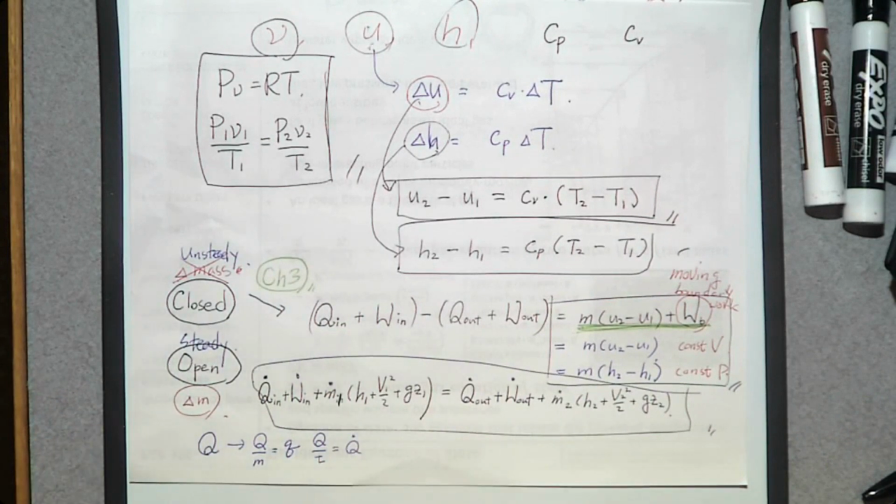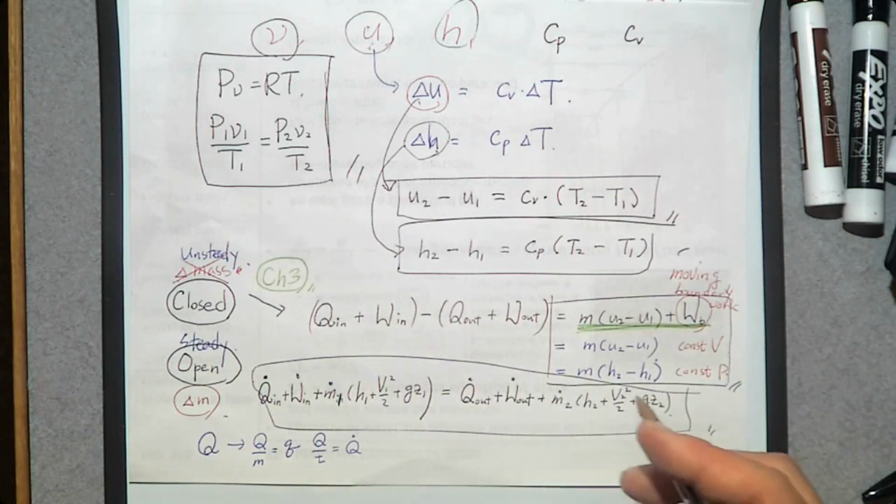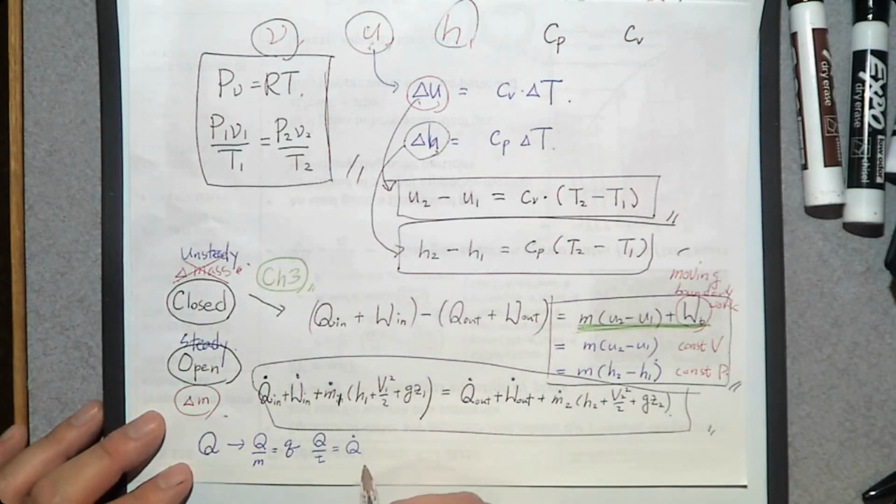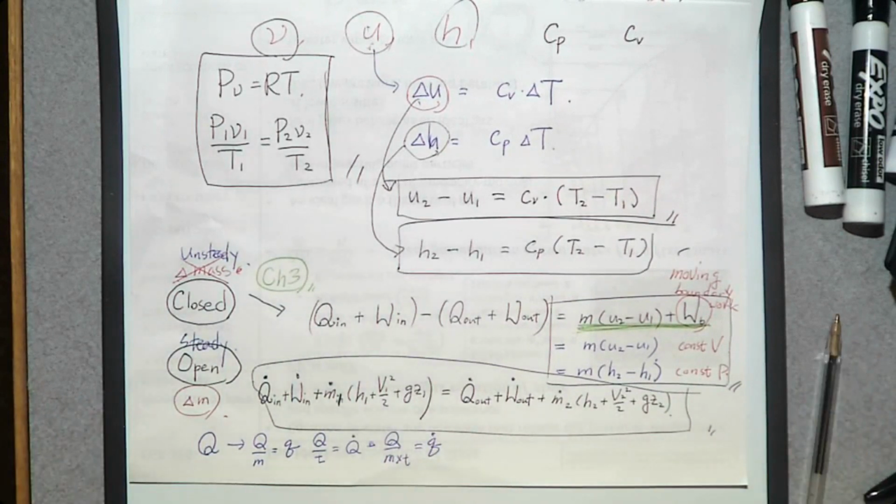Q dot is not heat transfer; it is heat transfer per unit time, the rate of heat transfer. Or if you divide Q by mass as well as time, you get lowercase q dot, the rate of heat transfer per unit mass. Okay.